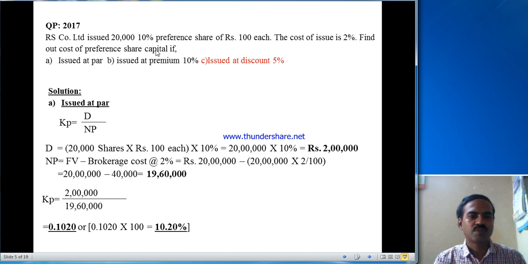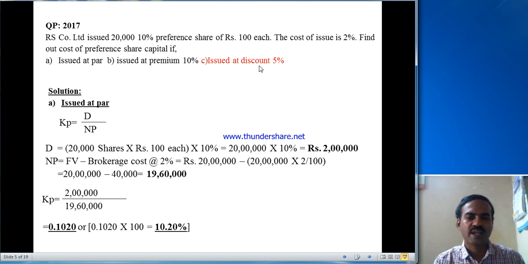Find out the cost of preference share capital if shares are issued at par, issued at premium 10%, issued at discount 5%. Here I have used issued at discount 5% in red color. It implies that it is not there in the question paper.